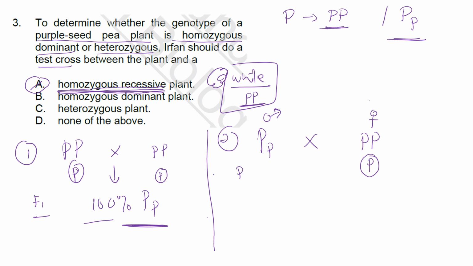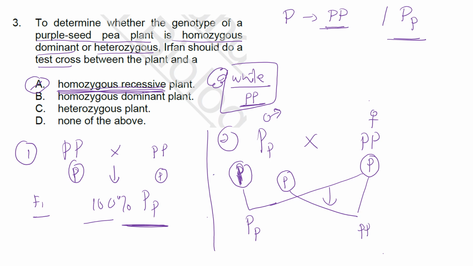The male plant will have two types of gametes, one with the dominant P allele, the other with the recessive p allele, and then you cross these two plants together. This and this will produce a heterozygous individual, and this will produce a homozygous recessive.